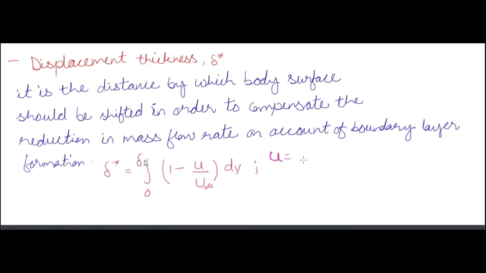Delta star is equal to the integration from 0 to delta of (1 minus u by u infinity) dy, where u is the velocity at distance y from the surface.